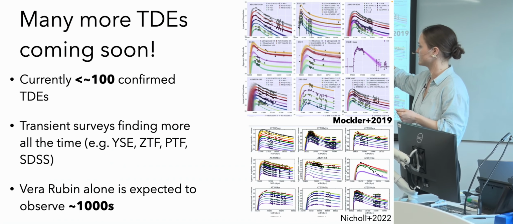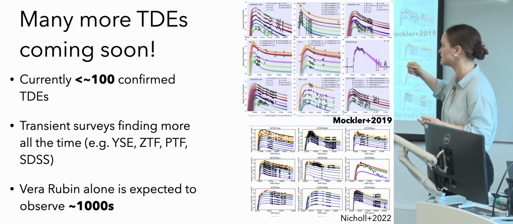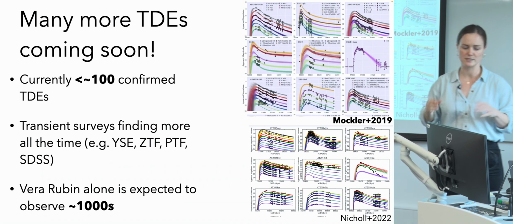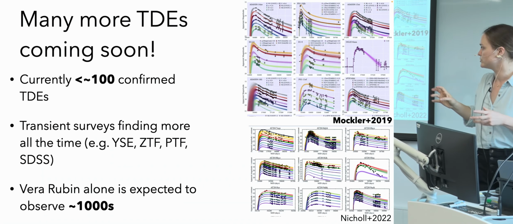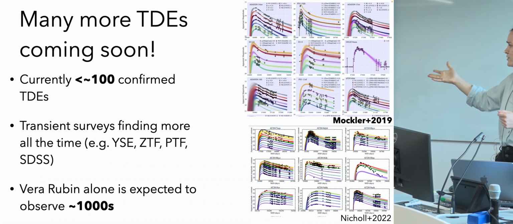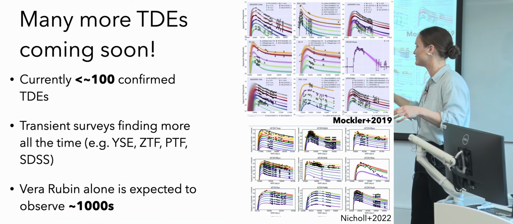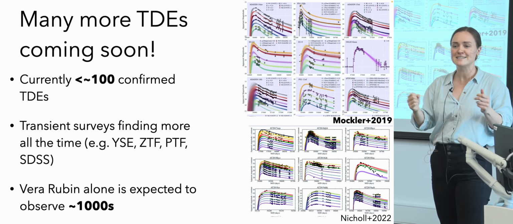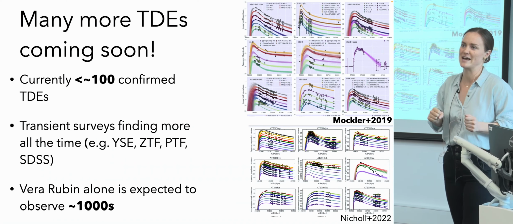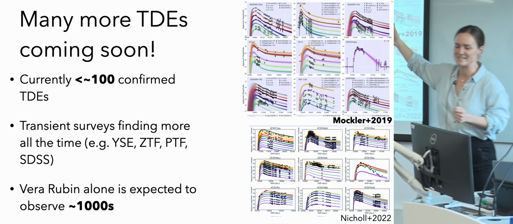Part of this is just transient surveys that are finding tons more supernovae, are also finding tons more TDEs, particularly ZTF, because it's aimed for these very blue transients. TDEs are very blue. And then Vera Rubin alone is expected to observe thousands of these events. So really the difficulty there will not be finding the TDEs, it will be classifying them as TDEs, since the light curves will not be the same quality that you see here.